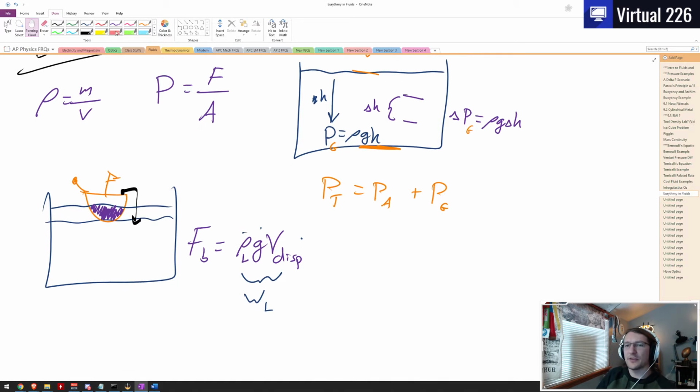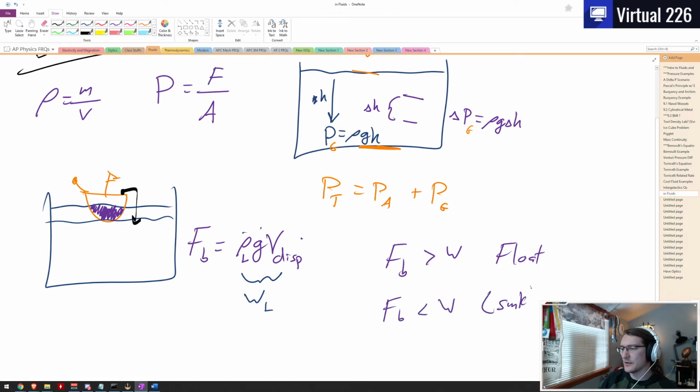Another way to think about this for objects sinking or floating is, in general, if the buoyant force is greater than the weight, then you are going to float. If the buoyant force is less than the weight, you're going to sink.